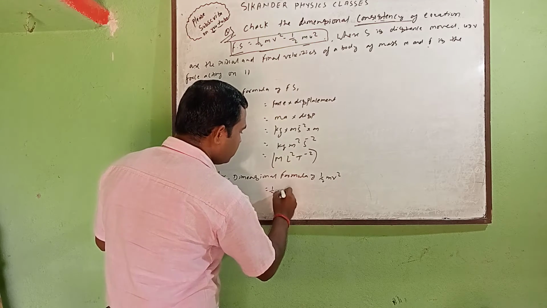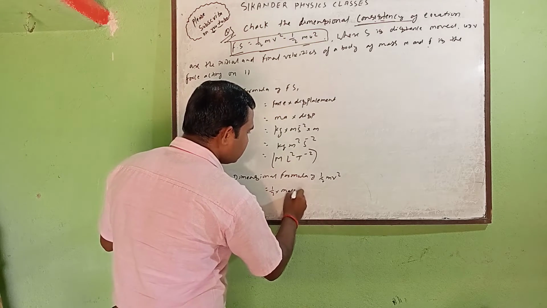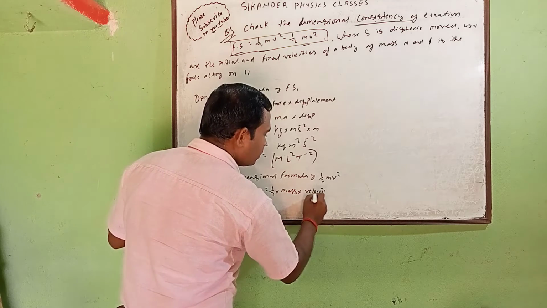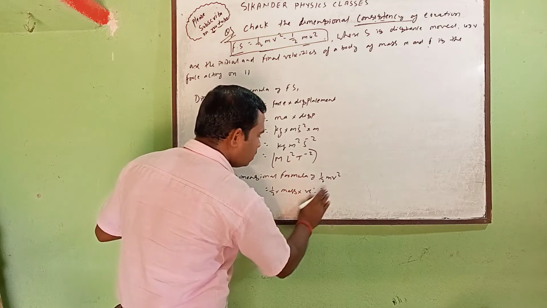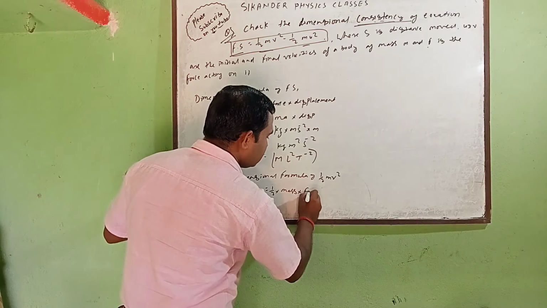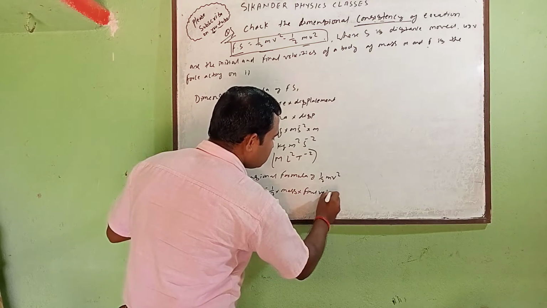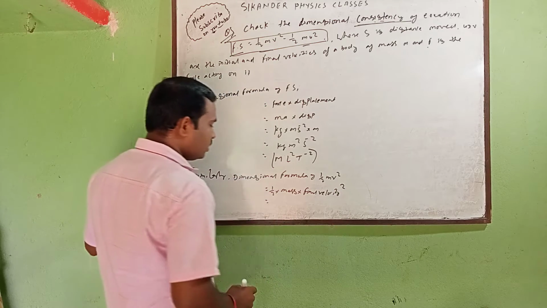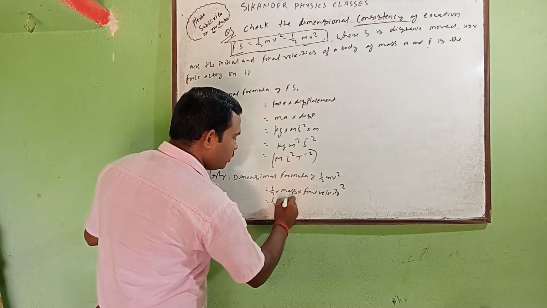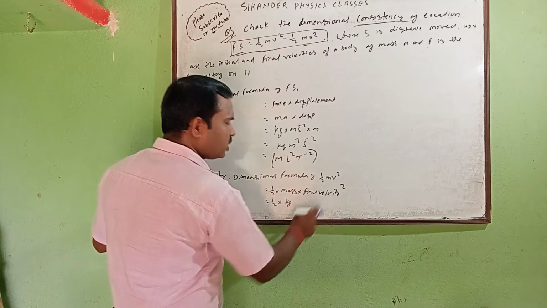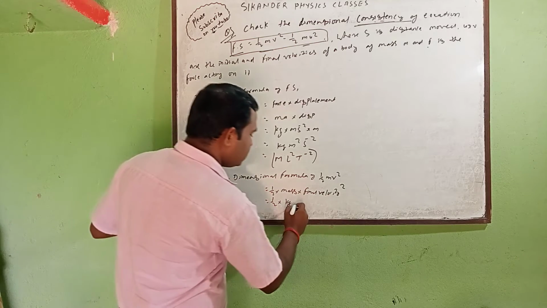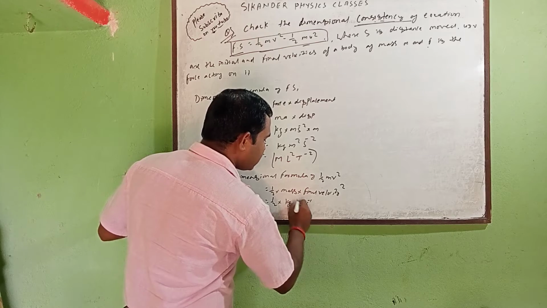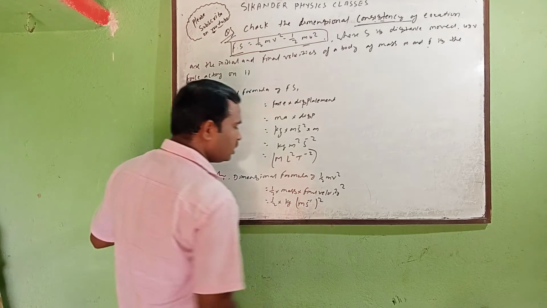Half into m, the mass, and v square, where v is the final velocity, whole square. Mass is measured in kg, final velocity in meter per second, and the whole square.